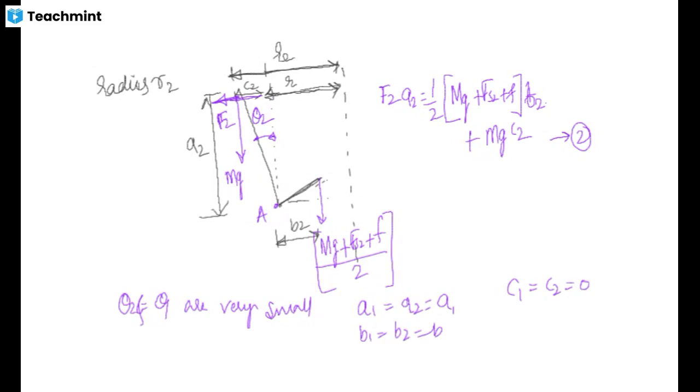Then the possible position of the bell crank lever is exactly this position. A1 equals A2 equals A, B1 equals B2 equals B.